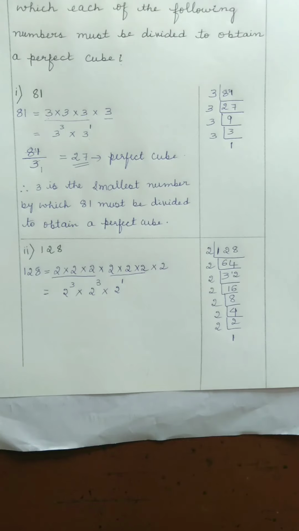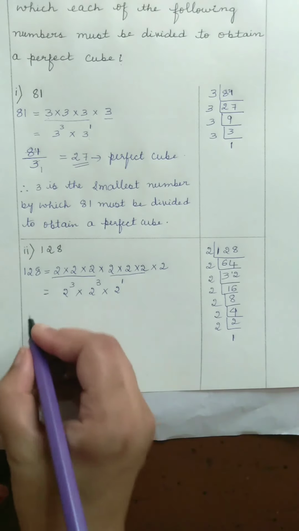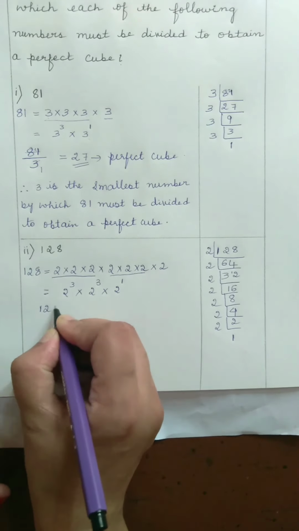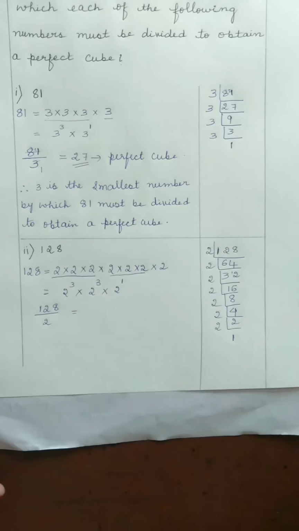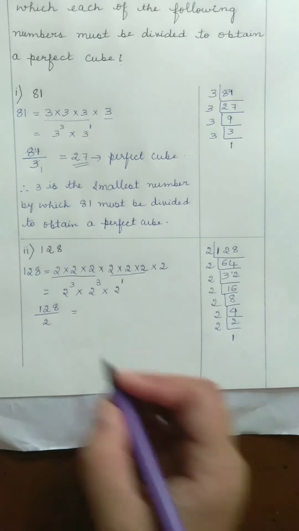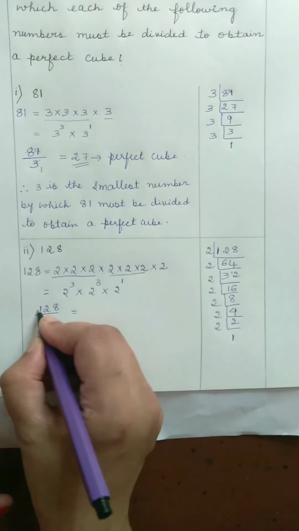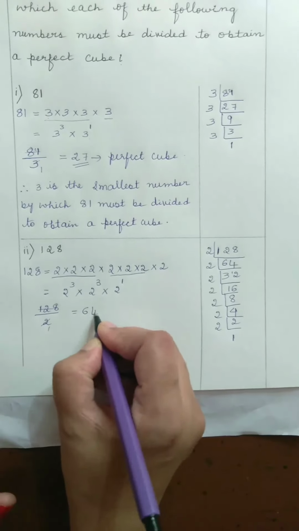So, to make it a cube, we need one more 2. So, what we have to do is divide the given number 128 by 2. When we divide 128 by 2, 2 1s are 2, 2 6s are 12, 2 4s are 8.